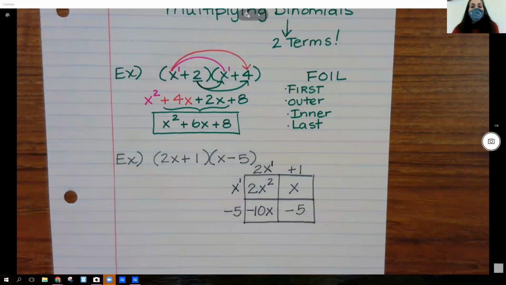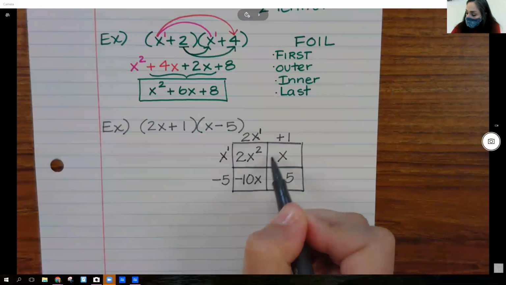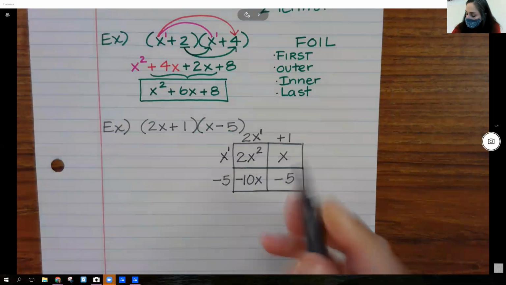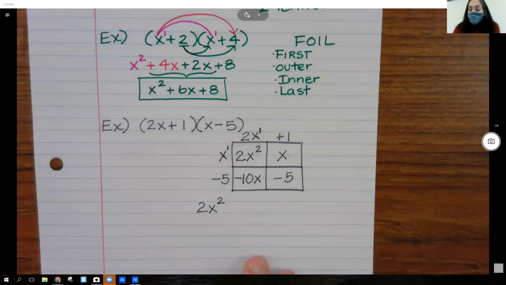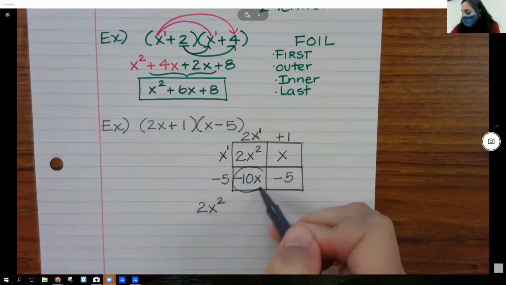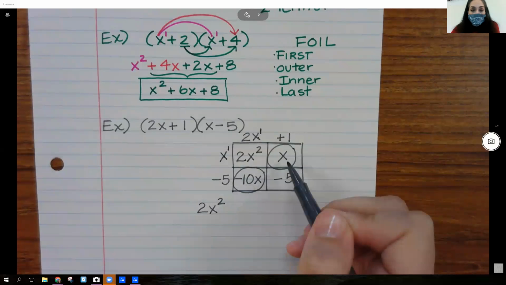Okay? Once you've filled in all the boxes, you know that now all you have left to do is combine like terms. So let's see, there's nothing else with an x squared in here, so that's going to just come down, 2x squared. You have this negative 10x and this positive x right here. Those are like terms. When you add them, you're always adding when you're combining.